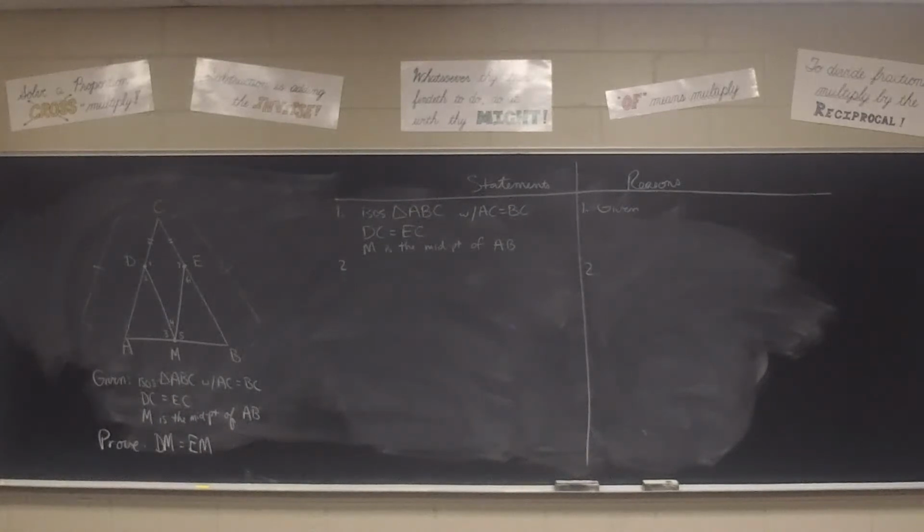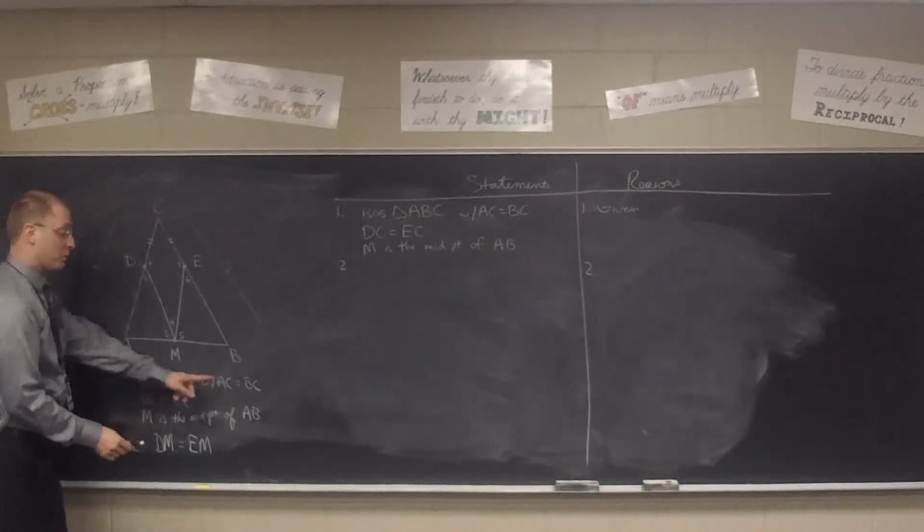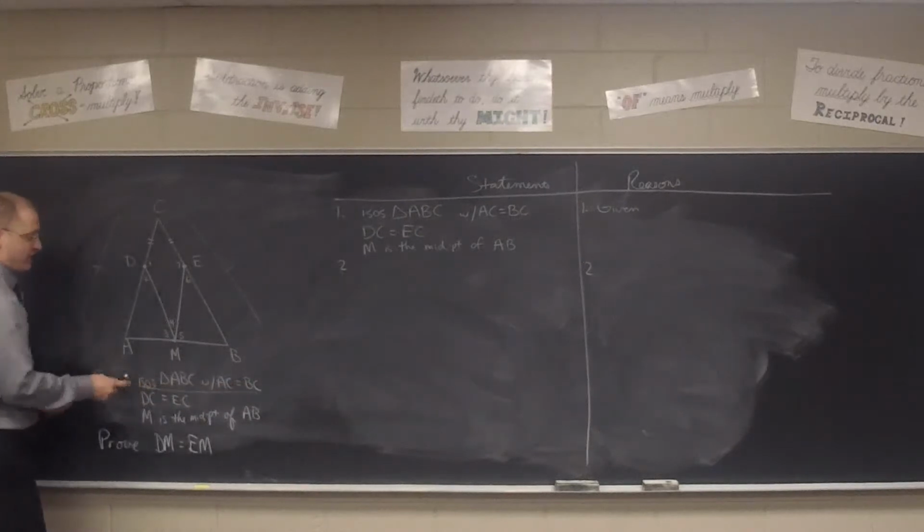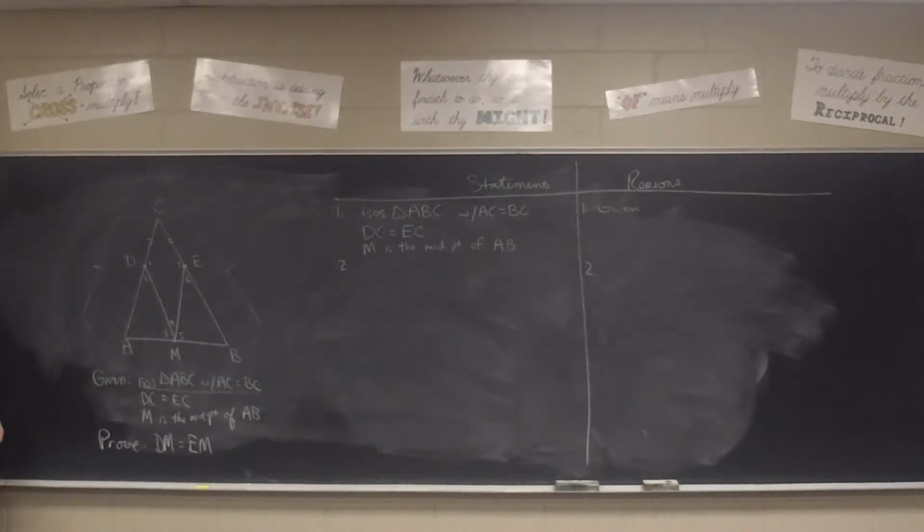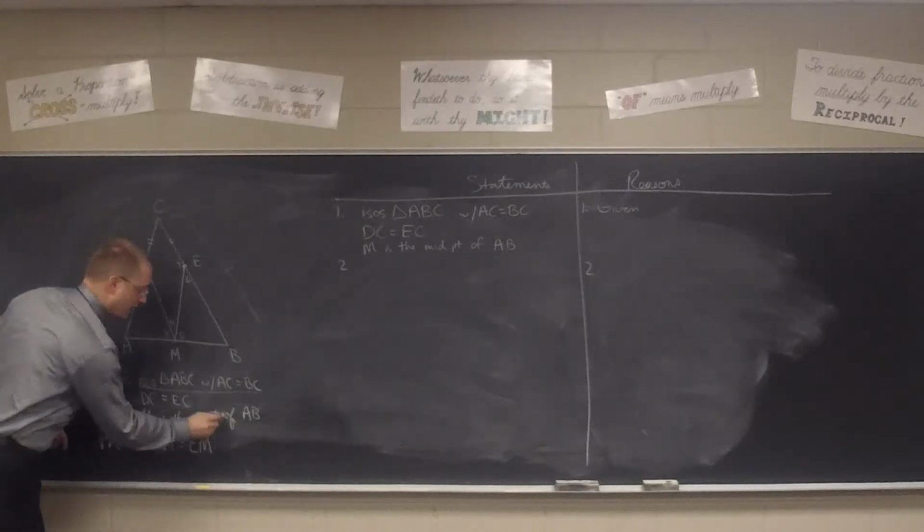Clang and clang. I got 2 clangs. Volunteer for one of the clangs. Ethan. Isosceles triangle. Well, but usually we'd use that to get 2 equal sides. I actually put the 2 equal sides right there in the given. So no, someone else with another clang. Kendall. Midpoint. That's a great clangy word.